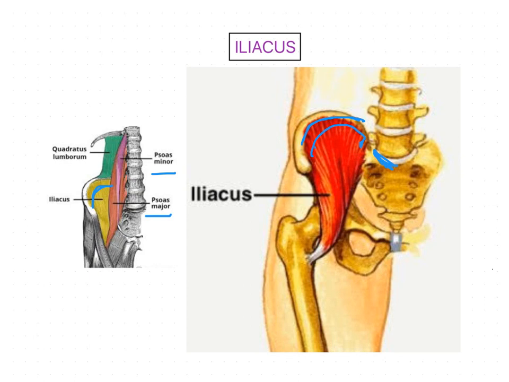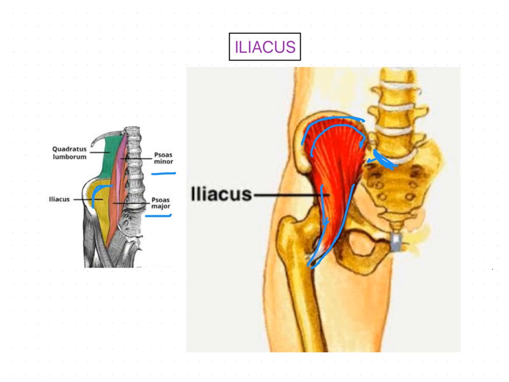Next, now we will see the insertion of this muscle. This muscle is going to be inserted into the lesser trochanter.